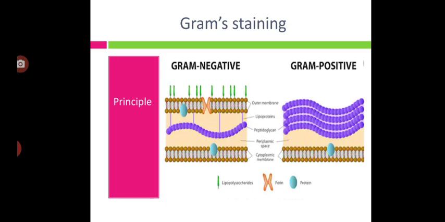After that, when gram's iodine is added, which acts as a mordant or binding agent of the stain to the cell wall, it helps or enhances the primary stain to bind better to the cell wall of the bacteria.